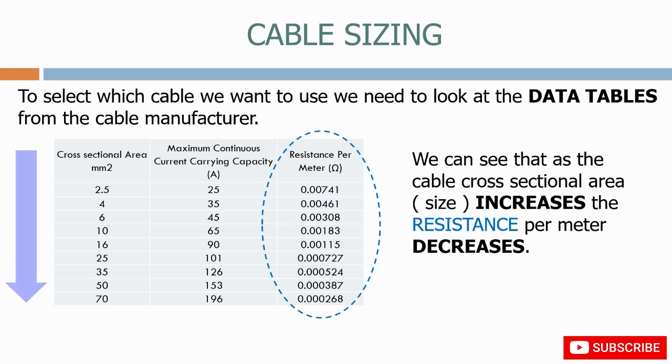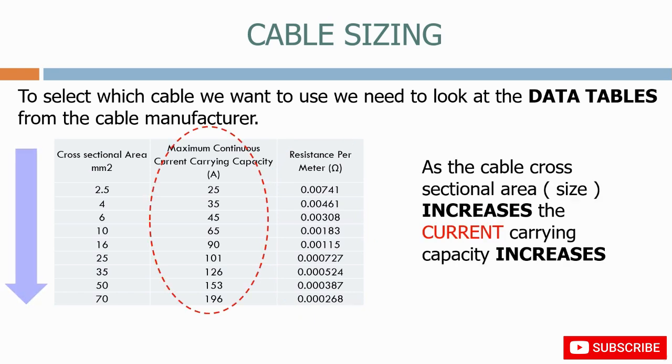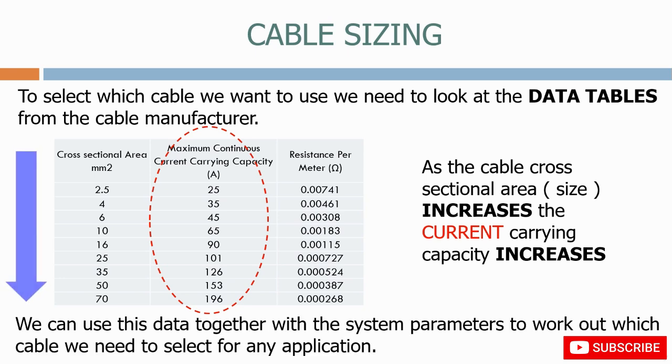We can see that as the cable cross-sectional area or size increases, the resistance per metre decreases. As the cable cross-sectional area or size increases, the current carrying capacity increases. We can use this data together with the system parameters to work out which cable we need to select for any application.